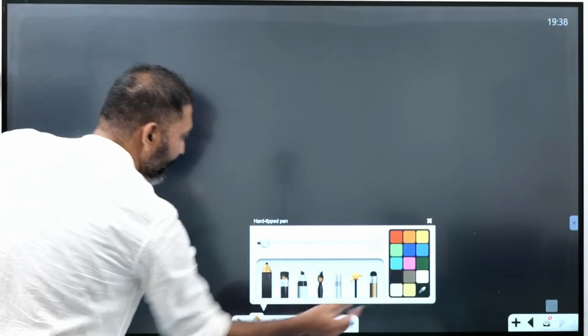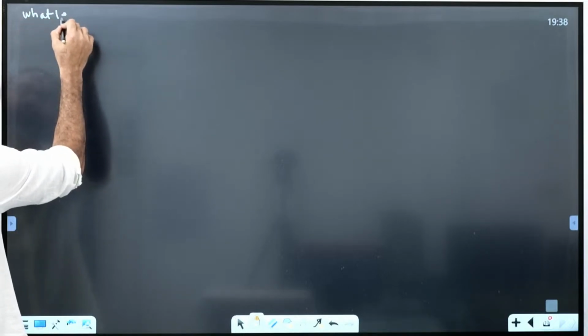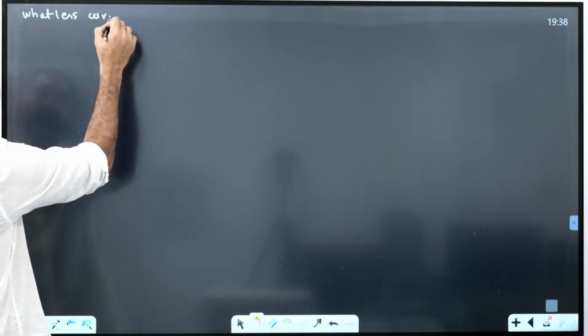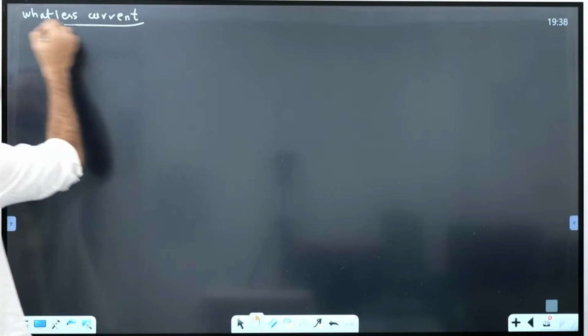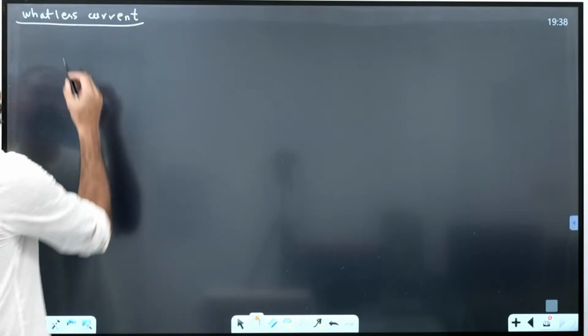Next point. Wattless current. What is a wattless current?